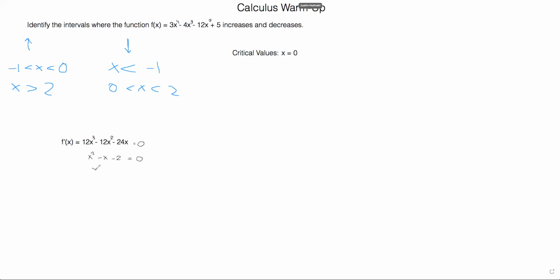We get x minus 2 times x plus 1 is 0. So the x values that solve this equation are additional critical values. So we have a critical value when x is 2 and when x is -1. So I'm going to fill those in.